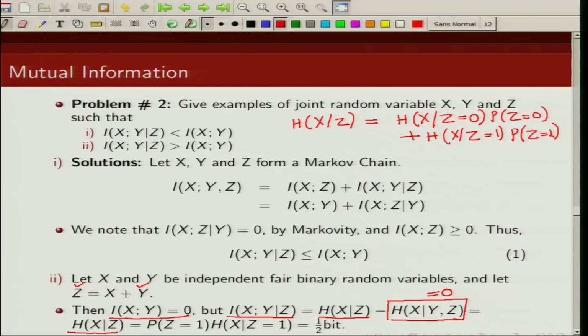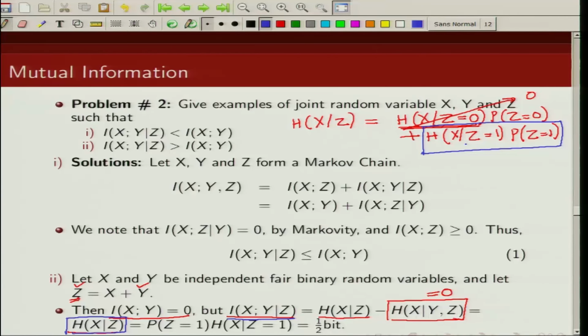Now, what happens when z is 0? When z is 0, since x and y are binary random variables, we know that y will also be 0. So there is no uncertainty in x when z is 0. So this term again goes to 0. So then the mutual information, which is this term, is now equal to this quantity.